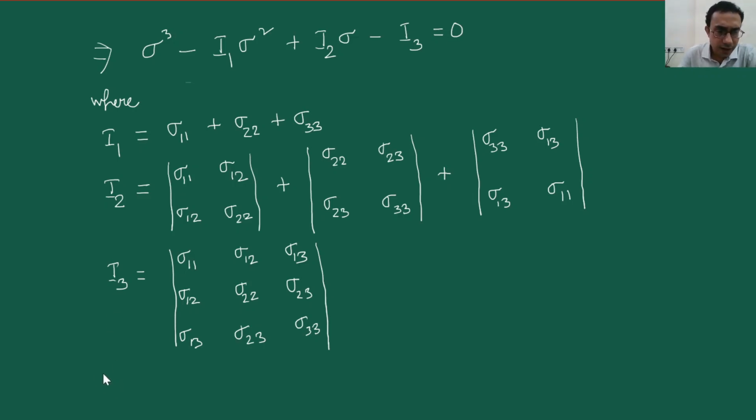So we write this here that I1, I2 and I3 are specifically referred to as the stress invariants. This is very, very important. They are referred to as the stress invariants.